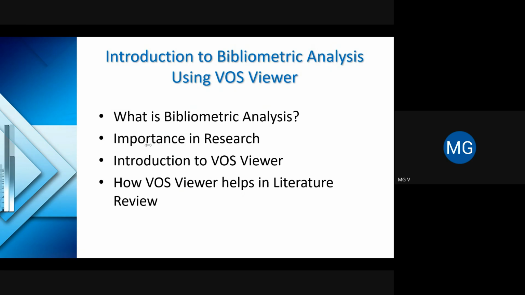This is a quantitative approach to analyzing academic literature, allowing you to measure the impact and explore relationships between publications. It helps identify trends, influential papers, and research gaps. We can use a tool that visualizes bibliometric networks, VOSviewer, making it easier to identify patterns in your research field, right?